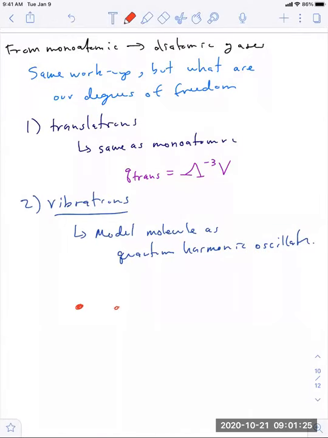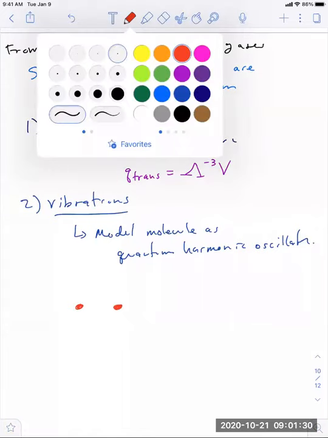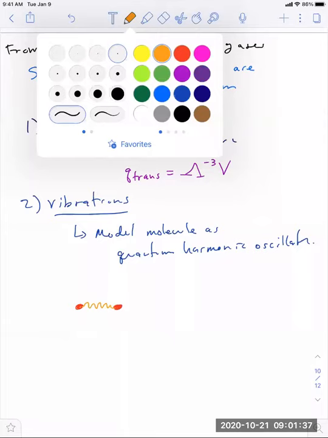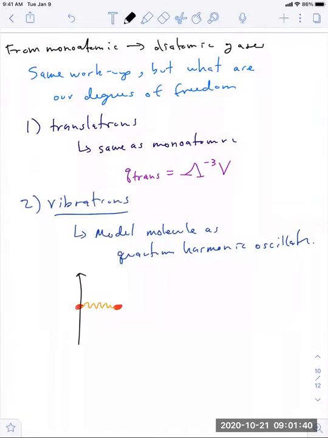If we have our diatomic molecule, these two red dots, in reality connected by a bond, but we'll imagine that they're connected by this little spring, we can draw the potential energy for displacements along the stretching axis, along the distance of the bond. It's lowest energy at the equilibrium position, and there's an energy penalty for compressing or stretching the spring or bond.